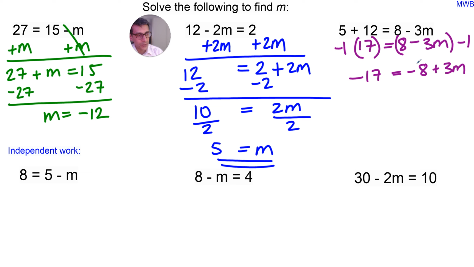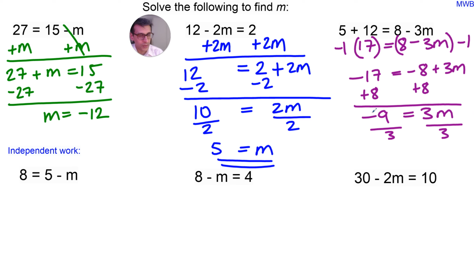Now I want to isolate m, so I'm going to add 8 first to both sides. So you're going to have negative 17 plus 8, which is going to give you negative 9, which is equal to 3m. And then divide by 3. So negative 9 over 3 is just negative 3 is equal to m.